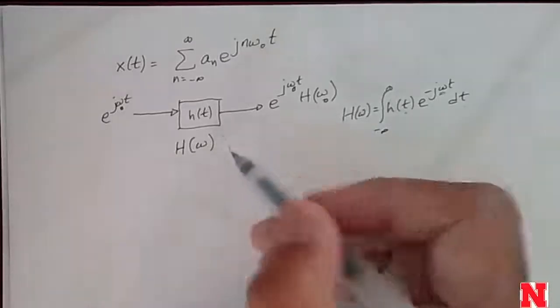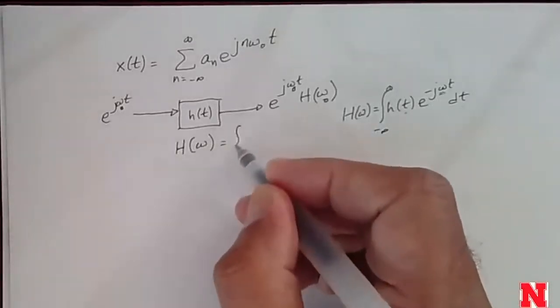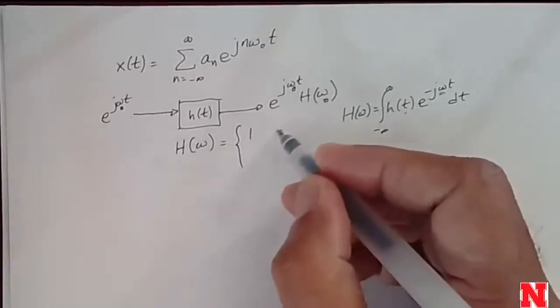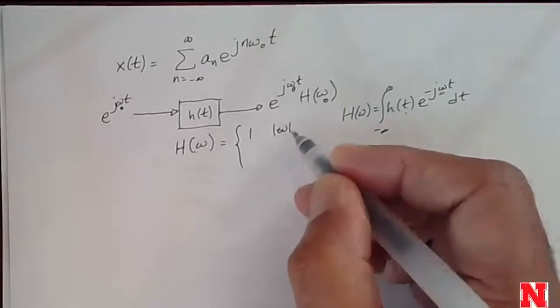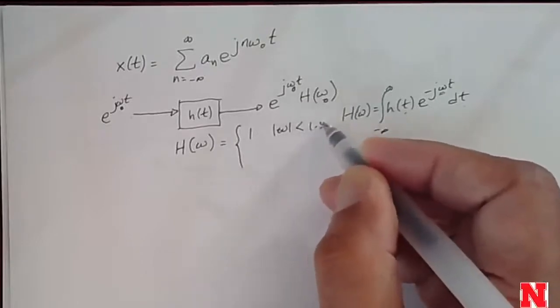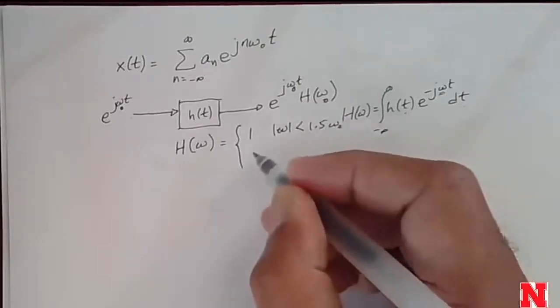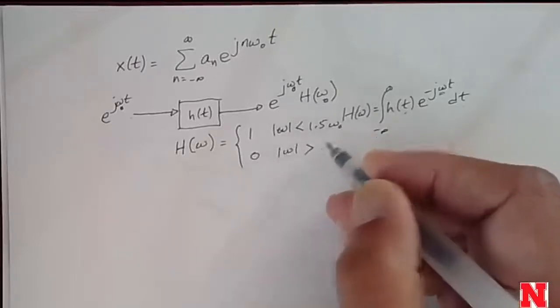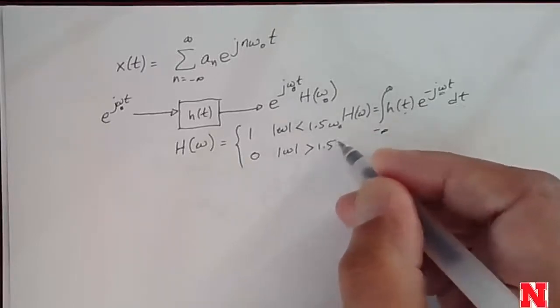Okay, so let's pick an h of j omega, which is really kind of weird, which is 1 when omega is less than, say, 1.5 omega naught, and 0 when omega is greater than 1.5 omega naught.